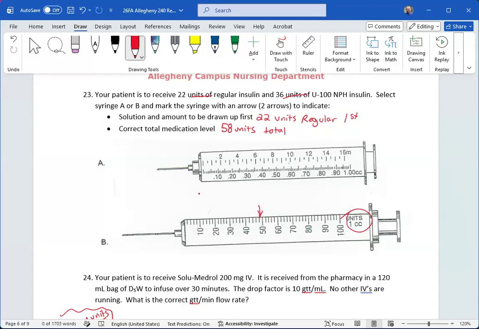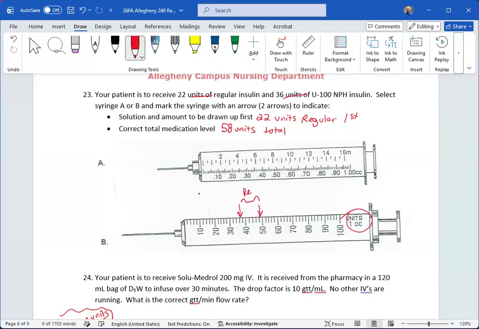The other place I'm going to make my mark, and this is where sometimes it gets a little bit controversial, but I'll show you how to answer this correctly. I'm actually going to make a second mark at the 36 mark, and I'll show you why in just a second. Remember how we drew up the regular insulin first? Because I drew up the regular insulin first, your regular insulin is in this area.